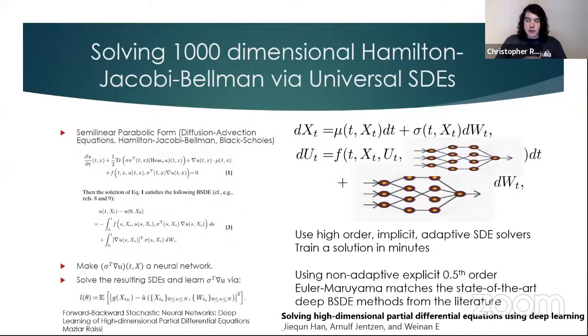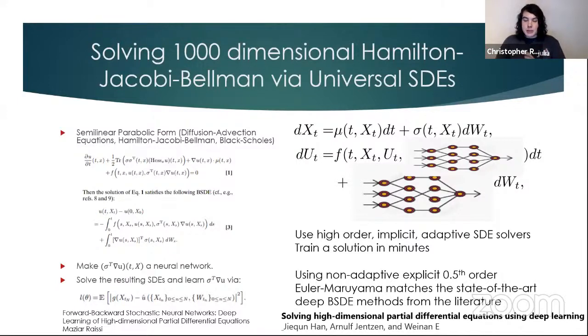We can even see this, and this is probably the most extreme example, where if we want to solve these semi-linear parabolic equations, you can demonstrate that there's this forward-backward stochastic differential equation, which under a certain loss function, if you fit that, then you'll recover the solution to this partial differential equation.